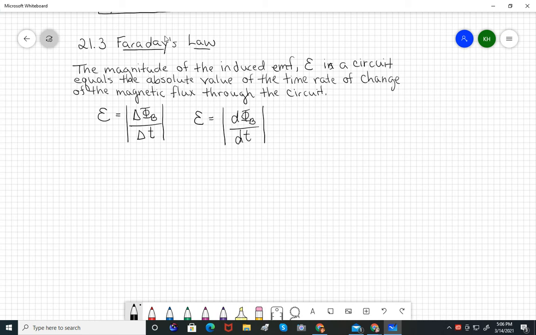Now keep in mind, the change in flux can be due to several things.